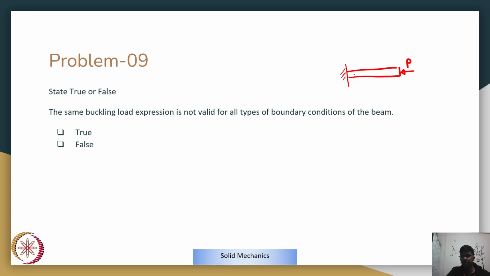After deformation, so if this is the reference config, your deformed config would look something like this. So this is the load that you have. So for this you will get some expression.